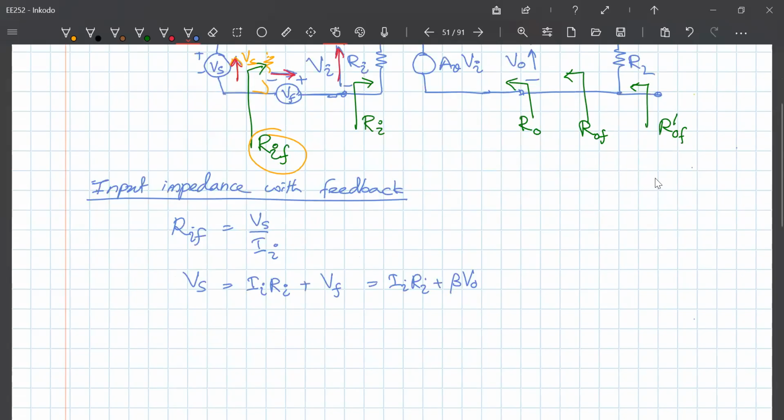What I'm trying to do is get the expression for this and that, so that I can find an expression of RIF. Now V out we don't know, so we need to write that in terms of something else. So therefore, let me try to eliminate V out.